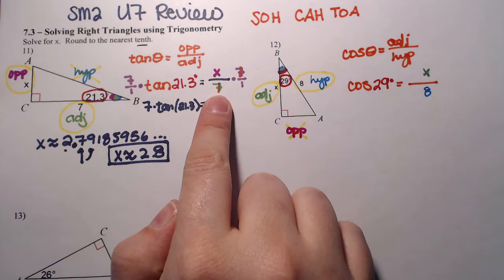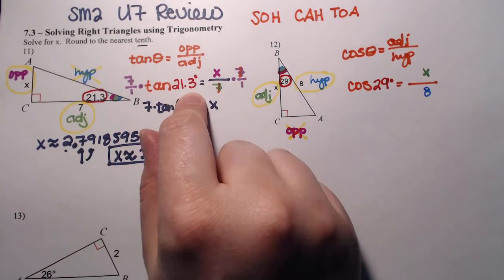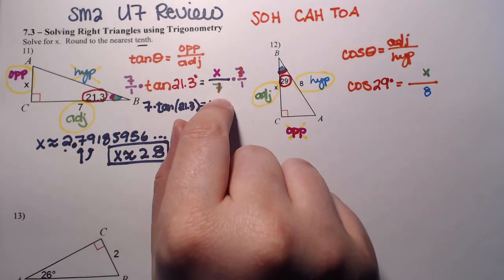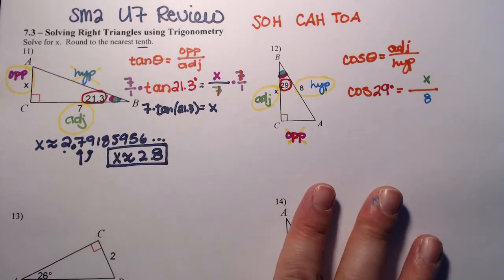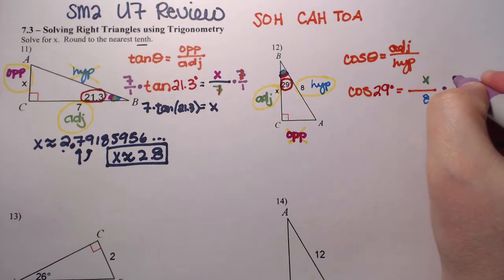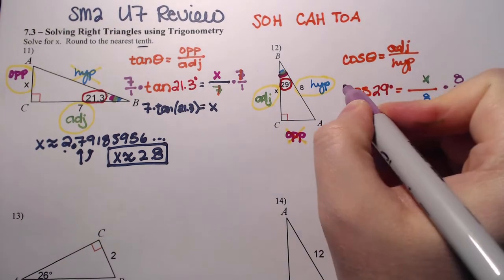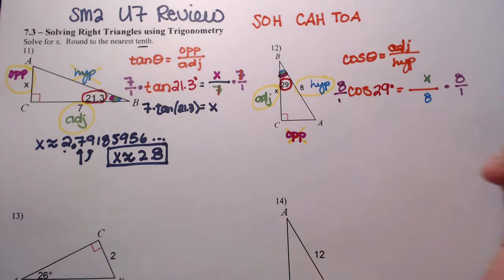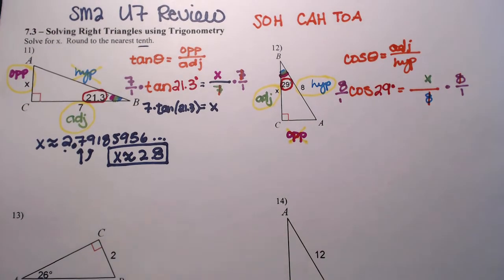So I'm in a similar situation over here where I have some trig function equal to a ratio where the x is in the numerator. So I'm going to multiply by 8 to get rid of the 8 over there, because 8 divided by 8 turns into 1.